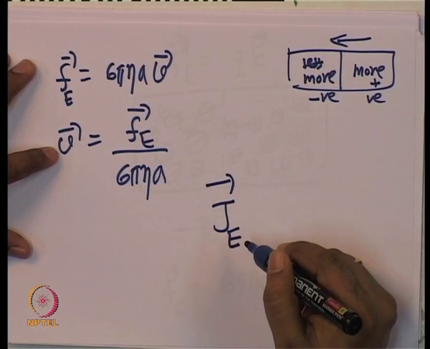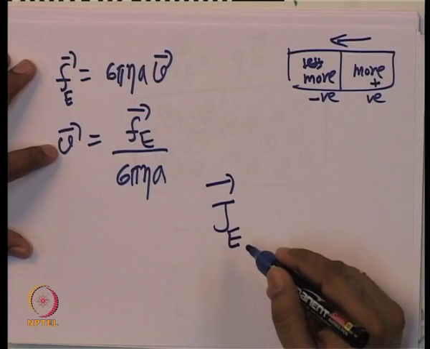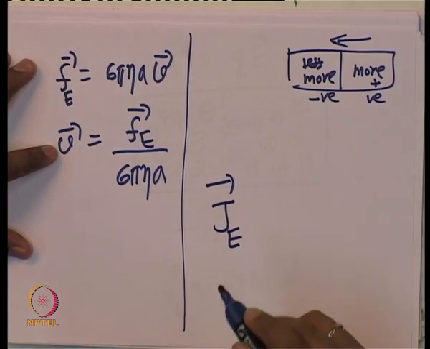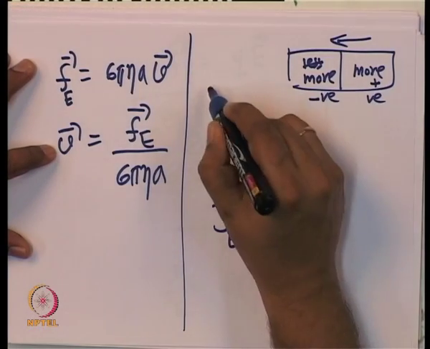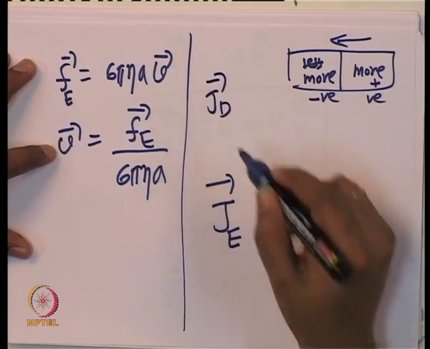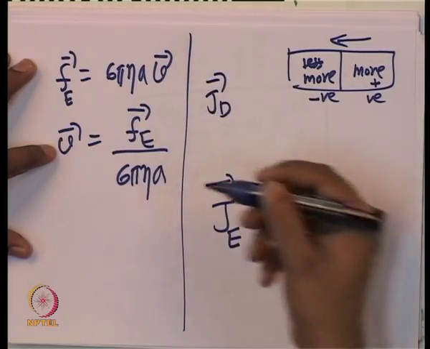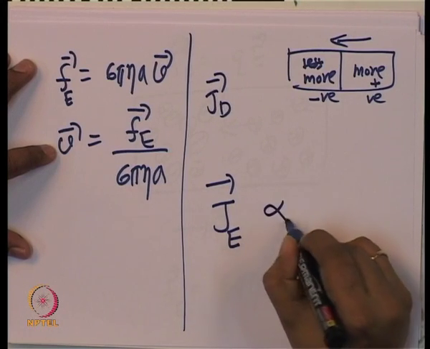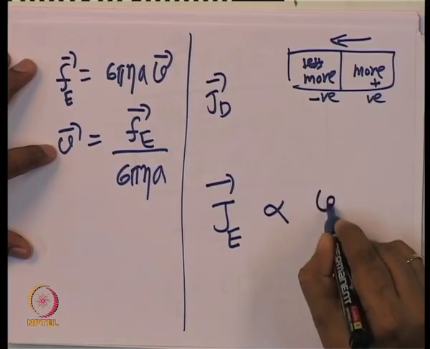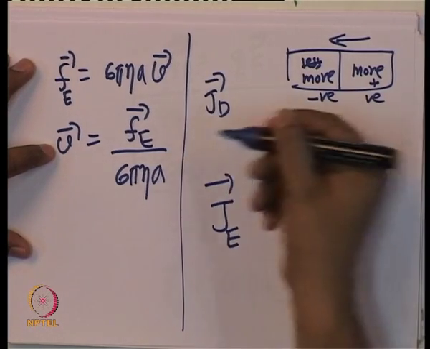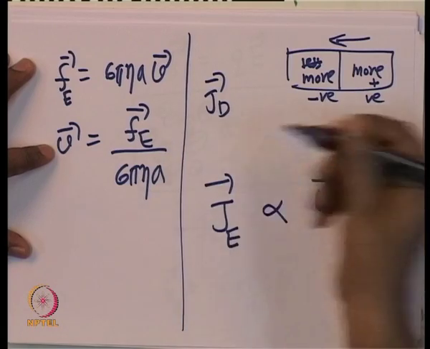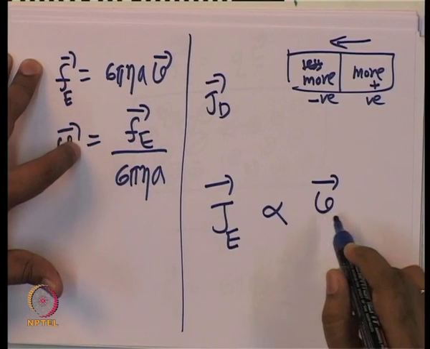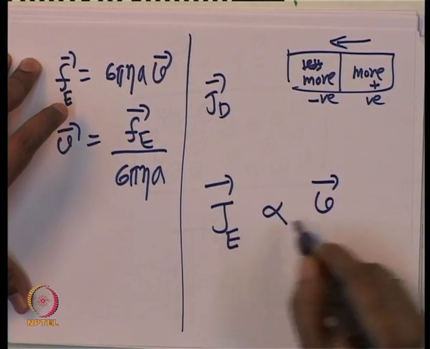In the previous case, we found the current due to the concentration difference, and we called it J D. Now, we will find the current due to the electrostatic interaction, and we will call it J E. This J E has to be proportional to this velocity, because the more the velocity or the more the force, the more the current.